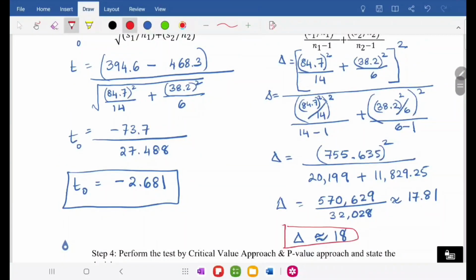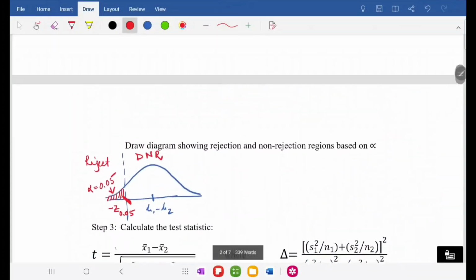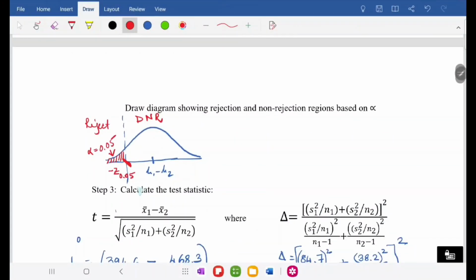This is our df value. Now, one thing I want to correct before I proceed further: if you look at this diagram that we drew, I mistakenly wrote z.